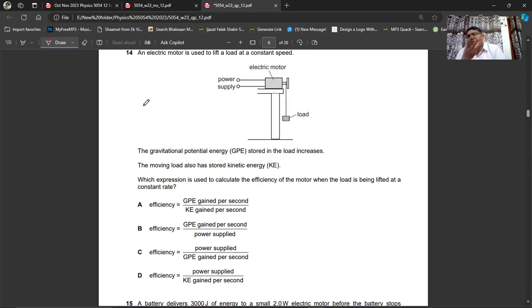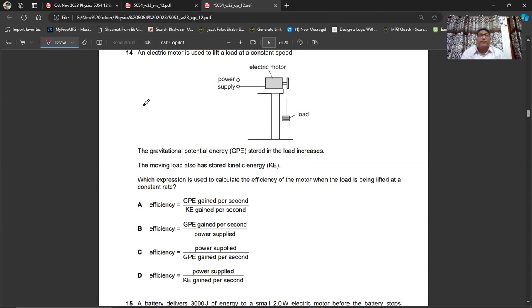The formula for the efficiency is basically the useful output energy divided by the input energy multiplied by 100, or it can be useful output power divided by the total input power multiplied by 100. You can multiply by 100, or you can ignore it.